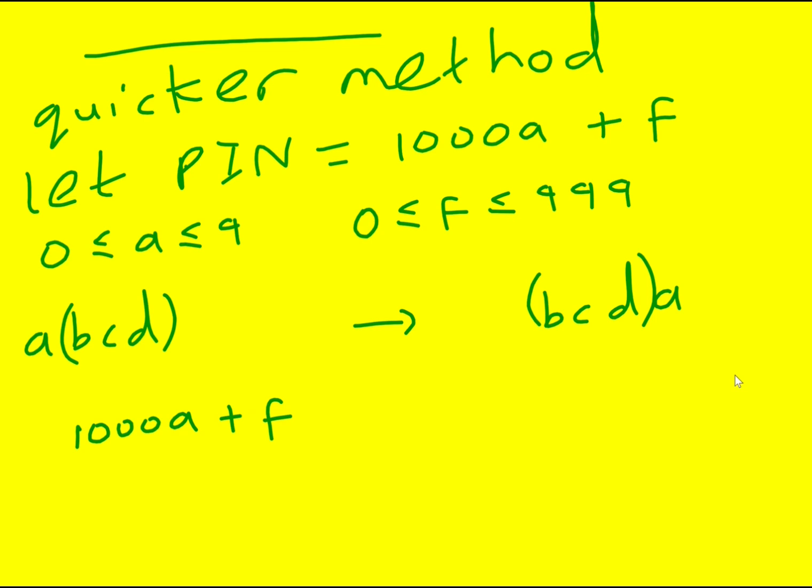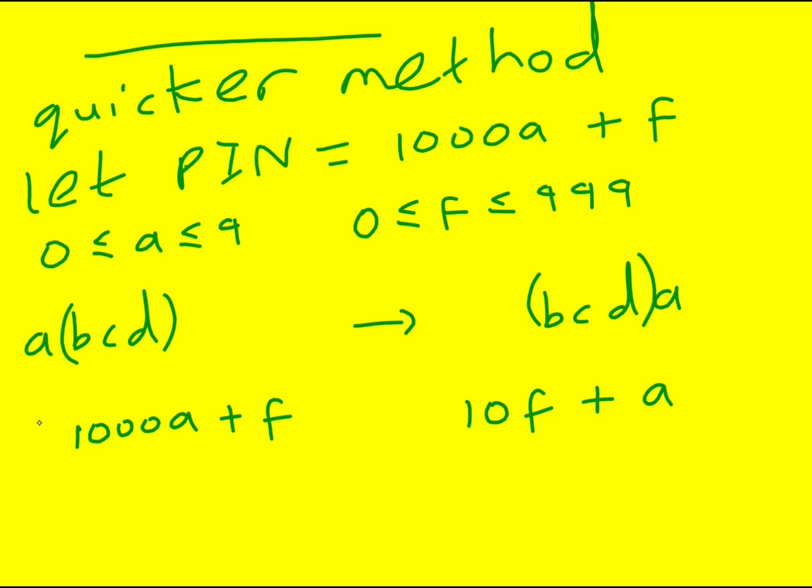And now I'm actually timesing F by 10 to get this, and then I'm adding A. Okay, so that's how the pin is changed using this notation. I think it is a little bit more confusing, to be fair, but quicker if you understand it.